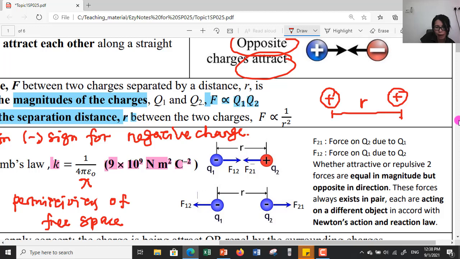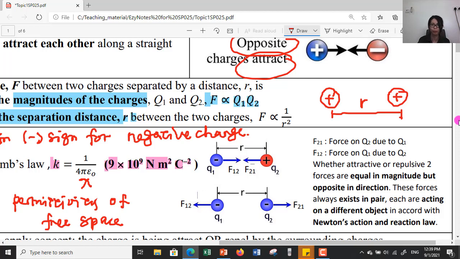So kita tulis sebagai F21. Same goes for Q1. Pada waktu yang sama, Q1 akan rasa daya tarikan, attraction force towards Q2. Kita label sebagai F12. So F12 will be the force acting on Q1 due to Q2.